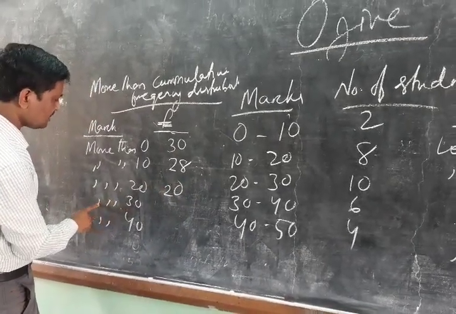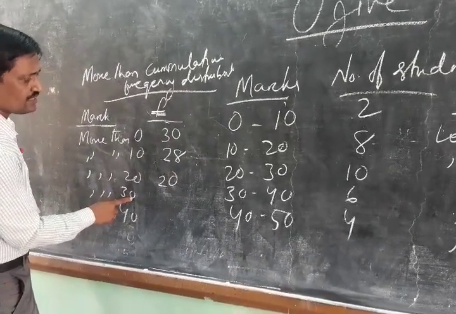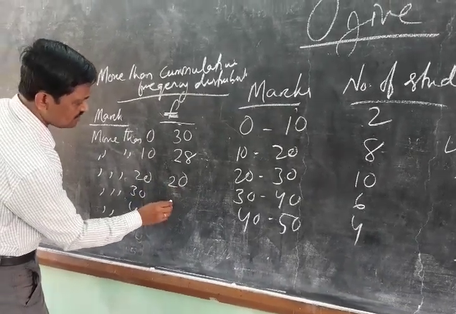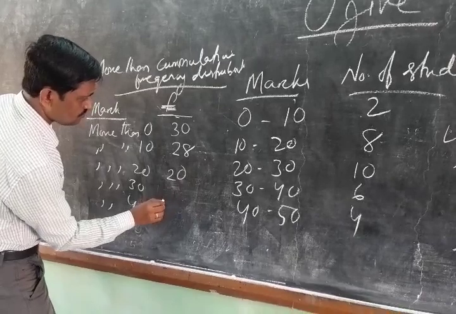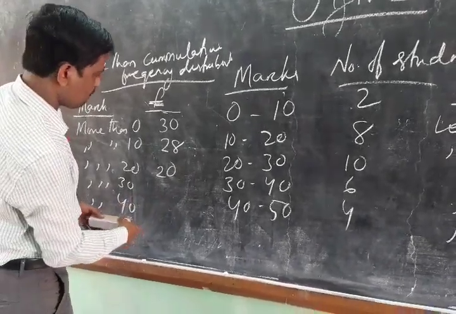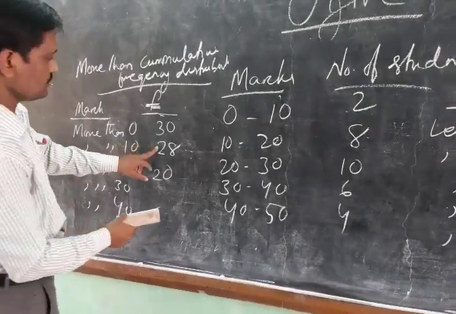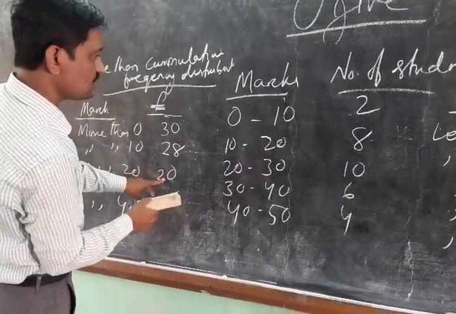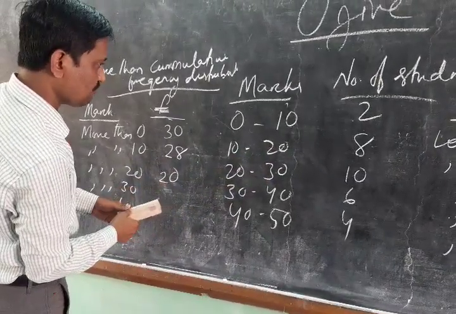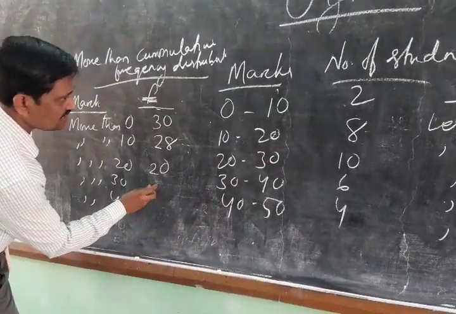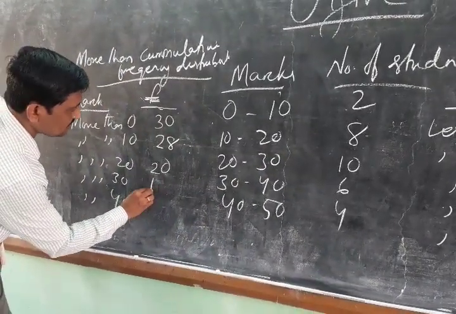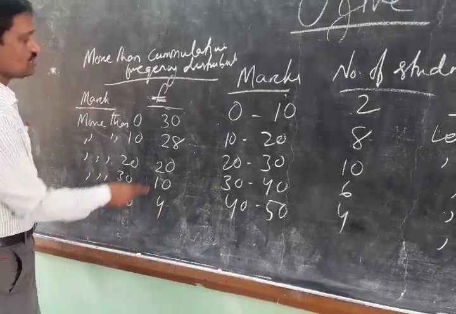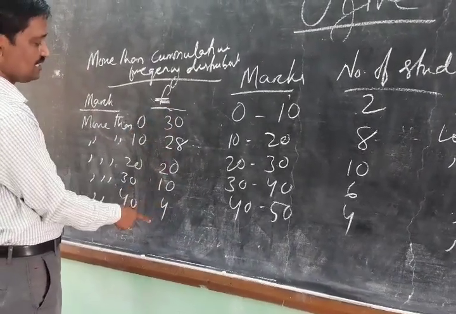Likewise, more than 30 will be 20 minus 10, which is 10. Then more than 40 is 10 minus 6, which is 4. So this will be the more than cumulative frequency.